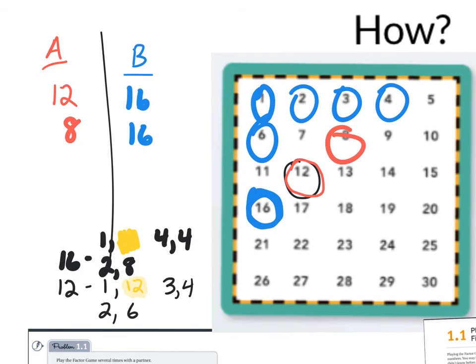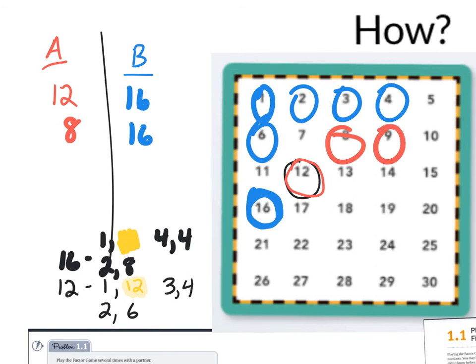Now I'm going to do something for person A here to show you what happens when you choose a number on the board that has no factors left. So let's pretend person A chooses, let's say 18. Well, no, that's taken. So let's say they choose 9.